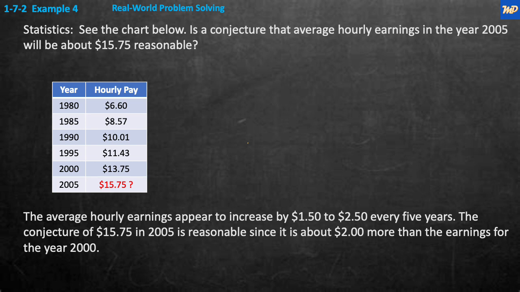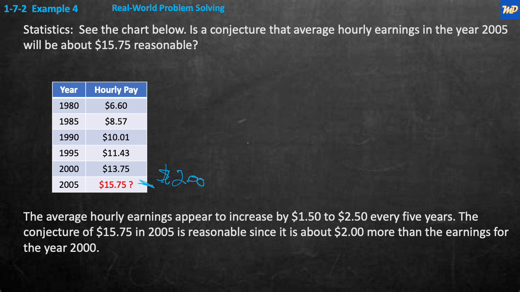Let's see. $2 from 2000 to 2005 is $15.75. Is that a good conjecture? Well, the difference there is $2. And if you recall, we've been doing about $1.50, whatever it is, right? Let's see what the words are going to say. The average hourly earnings appear to increase from $1.50 to about $2.50 every 5 years.